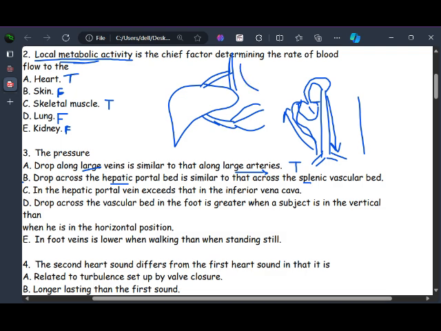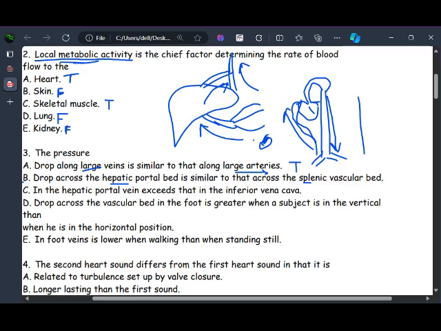For blood to flow in this direction, the pressure here has to be high, and the resistance of the vessels it flows into has to be very low.